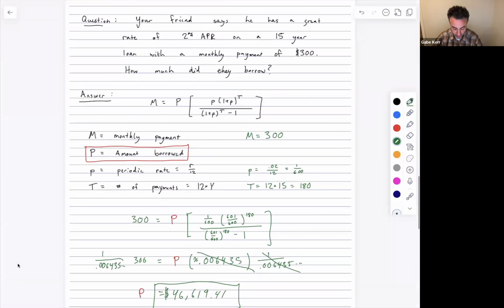And let me summarize one more time. First, with a problem like this, find a formula that works with the problem that you're dealing with. Second, identify all the variables. Find out which variables are given to you in the question and which variable is not given to you. Oftentimes, most of the time, the variable not given to you is the one you're being asked to find.